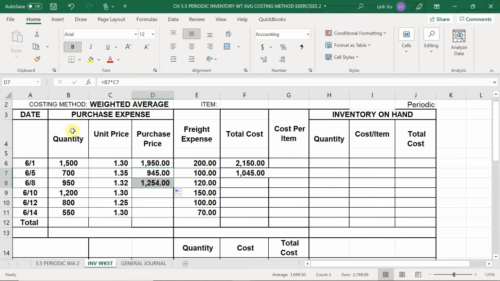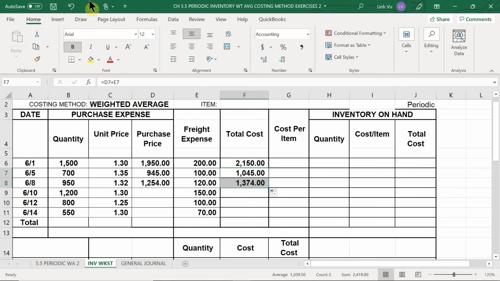Yeah, good, good. Plus $120 worth of freight gives me a total cost of $1,176. Okay.